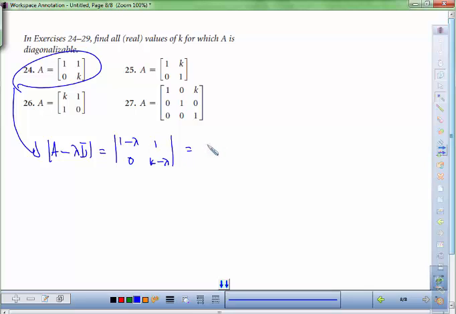So this is 1 minus lambda times k minus lambda. So we got the eigenvalues to be 1 and k, right?